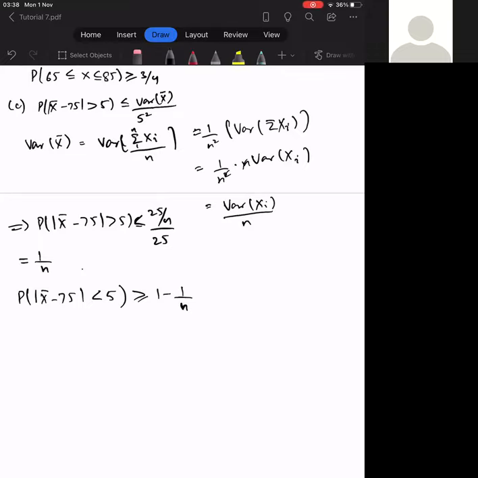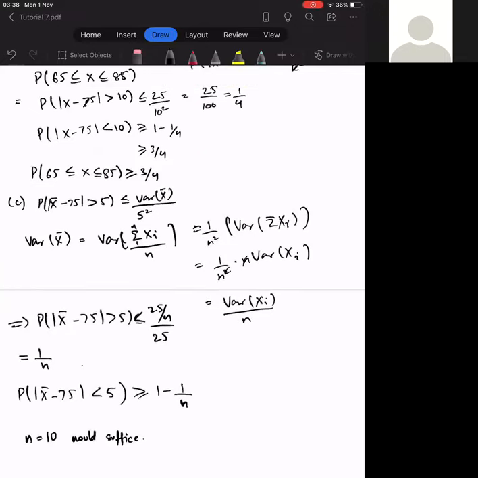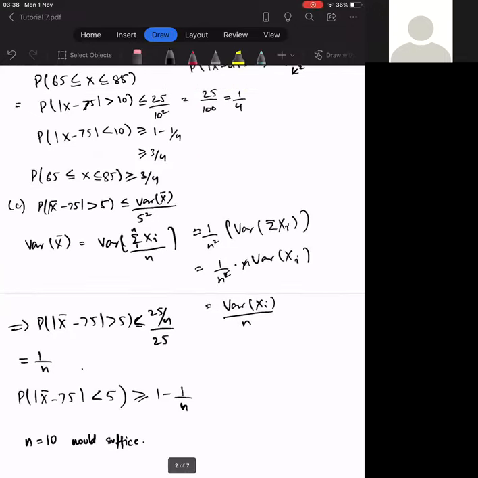For that to happen, n should be 10. So we know that n equals 10 would suffice. I hope this makes sense. Since this is recorded, you can go back and go over the entire working once again.